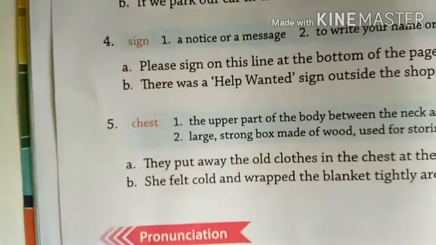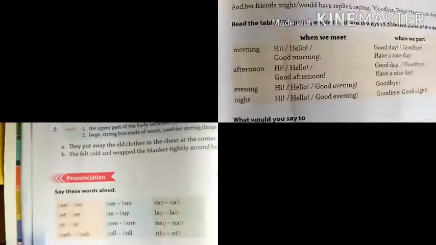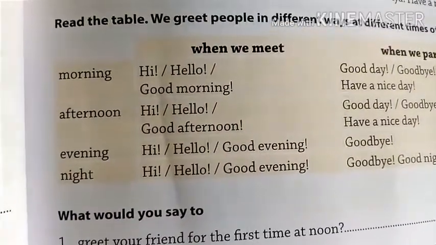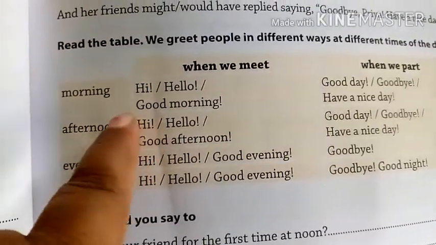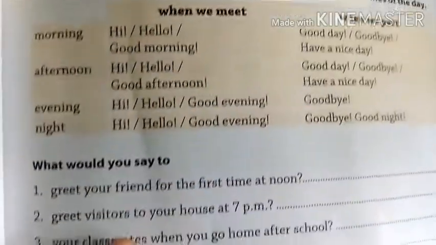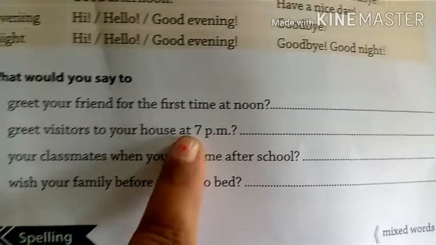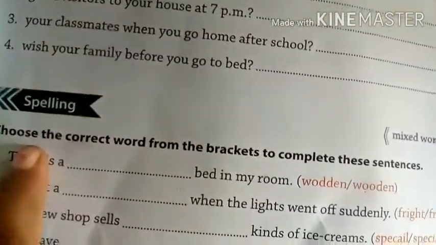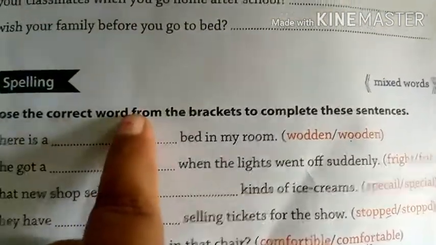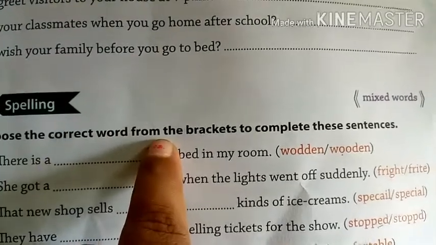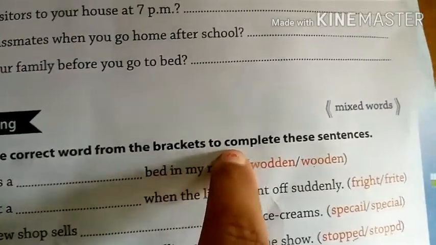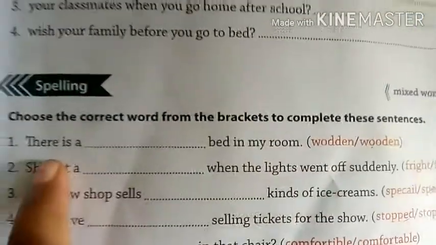Okay, student. Now, student, we read these sentences and use them properly. After that, spelling. Choose the correct word from the bracket to complete these sentences.